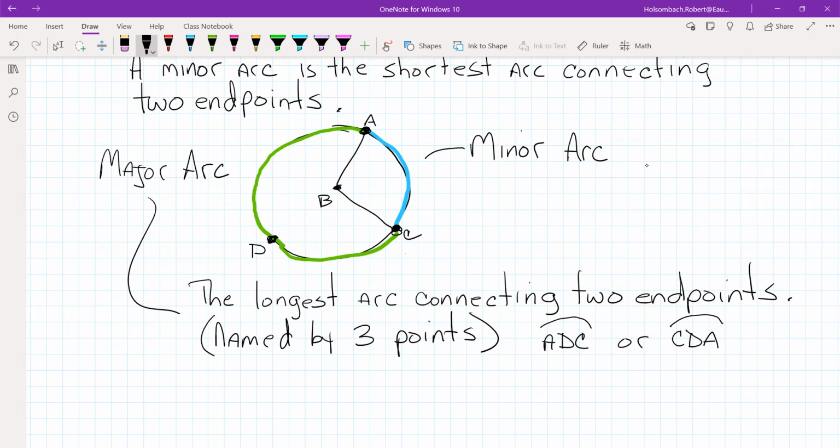You start at the first point, go through the second point, and the arc ends on the third point. A minor arc is typically named by two points, so we would call this arc AC or arc CA.